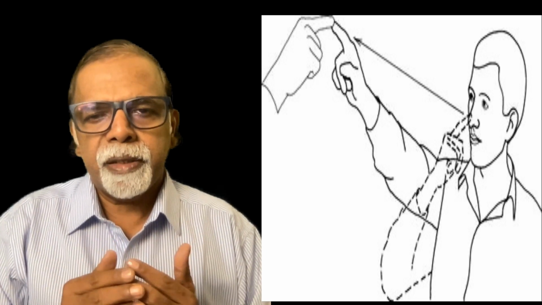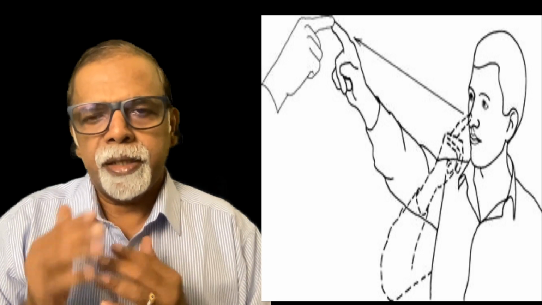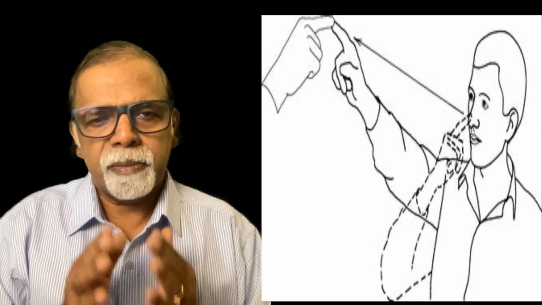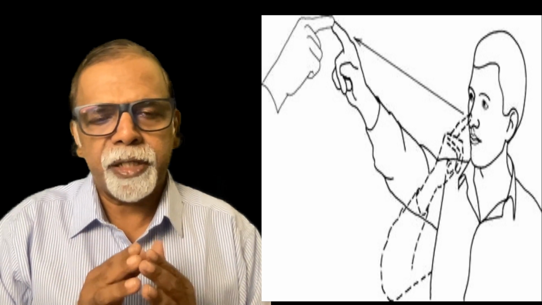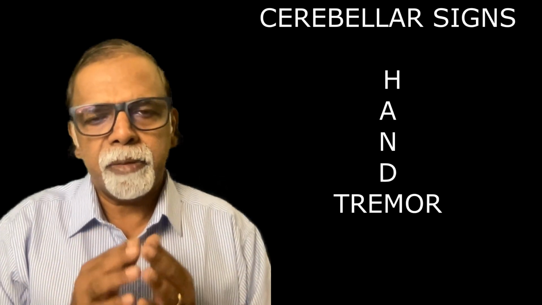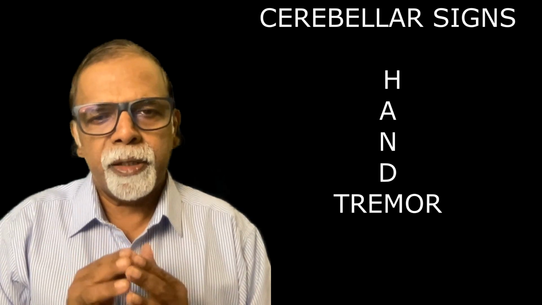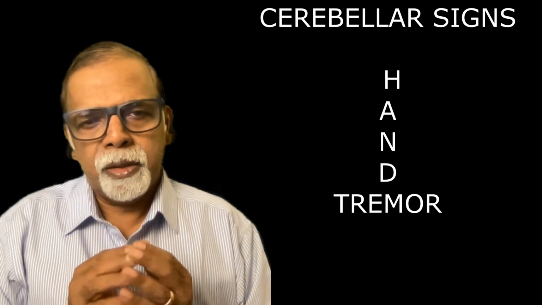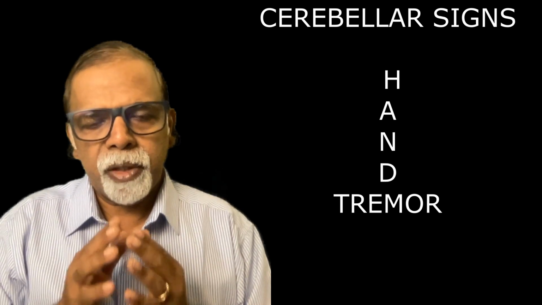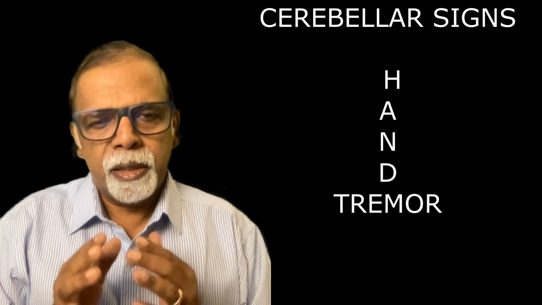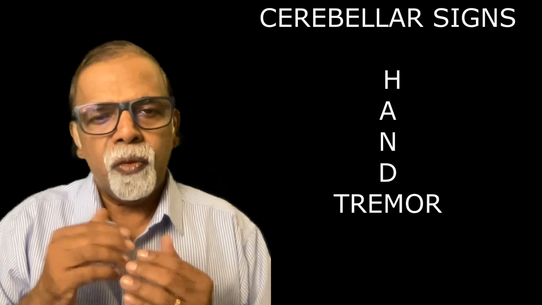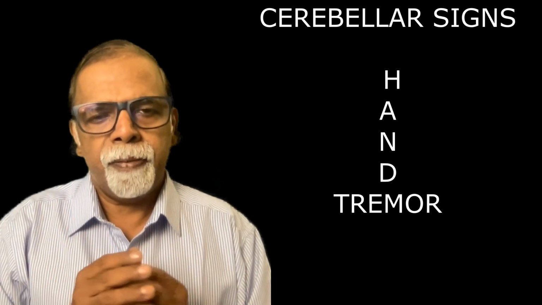Check for dysmetria and intention tremor. The major coordination is by the cerebellum, and the cerebellar findings can easily be remembered by the mnemonic HANDTREMOR, which we will discuss later. So even though the cerebellum is the major organ for coordination, the motor system and the sensory system are also involved in coordination.